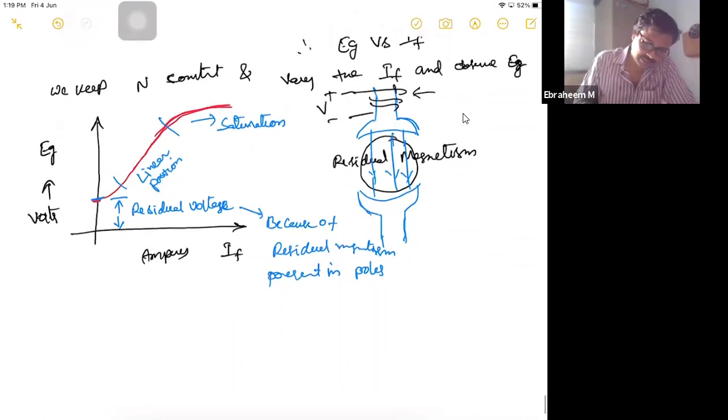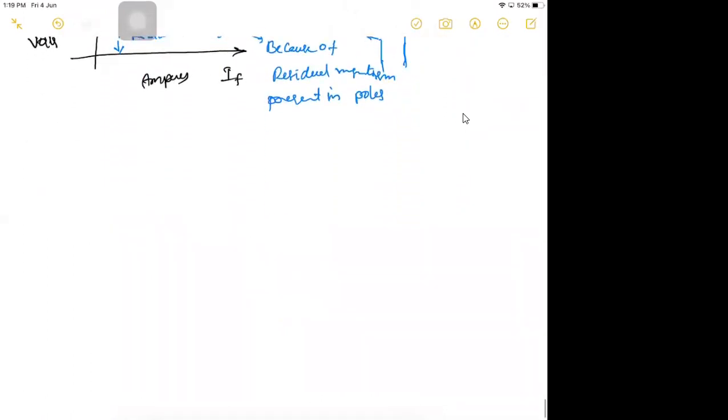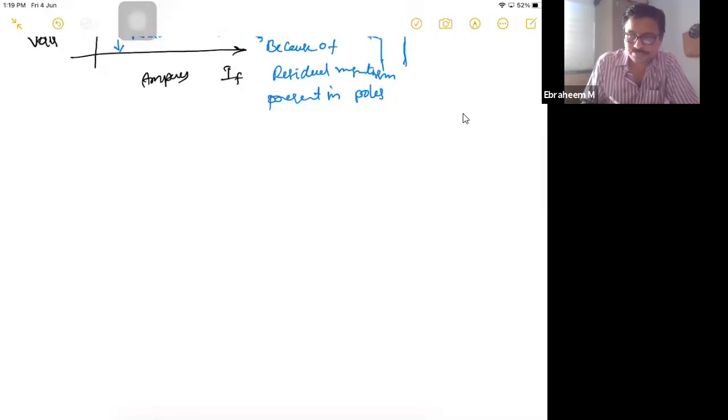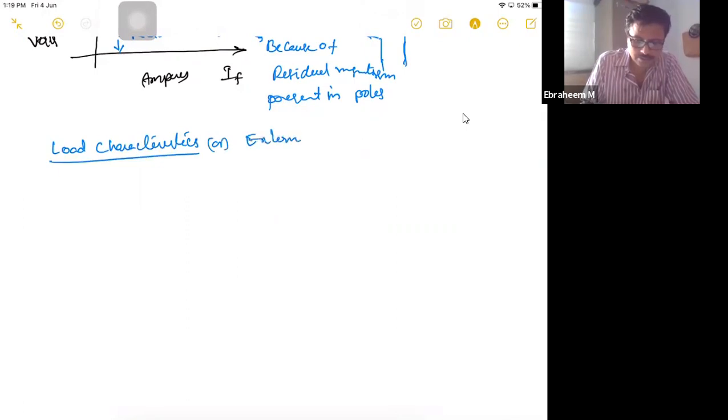Right. So next we will see load characteristics, or external characteristics.